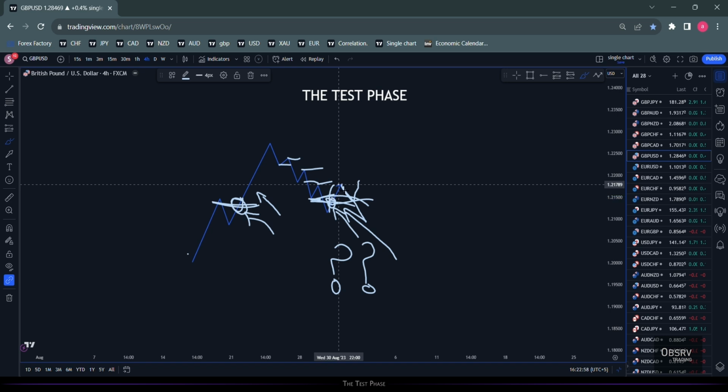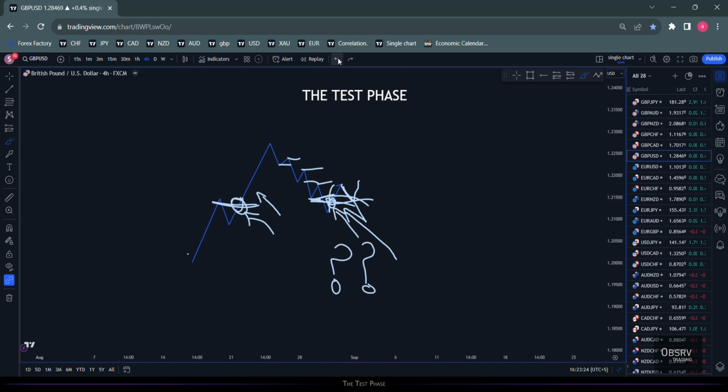If you do not get a reaction from here, there's a 90 or 80% chance that the test is going to fail. It's not a necessity that the test is going to hold, because you don't 100% know what the markets are going to do. What we do is we look at the past receipts and then we try to act off of them.